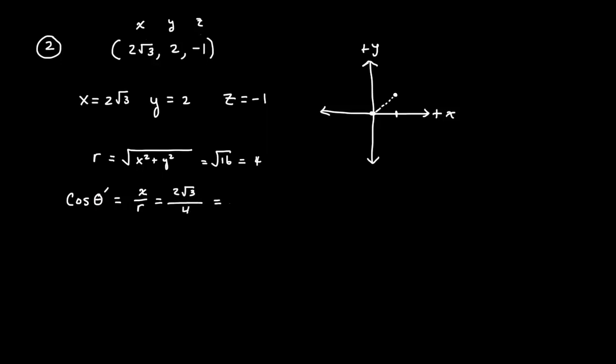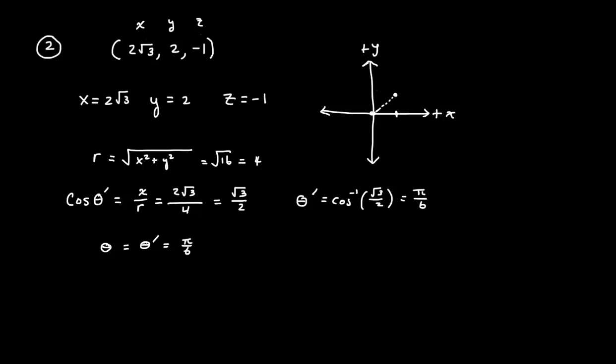So that makes the cosine of theta prime radical 3 over 2, which makes theta prime equal to the inverse cosine of radical 3 over 2, which comes out to be pi over 6. Now the theta that we want to find is going to be equal to theta prime, which is equal to pi over 6.